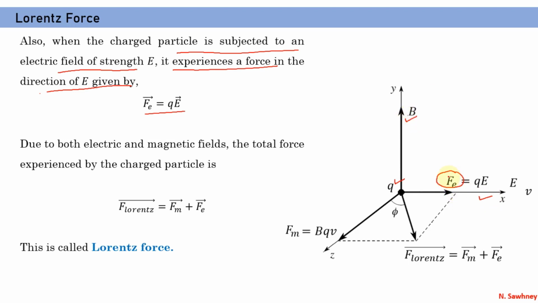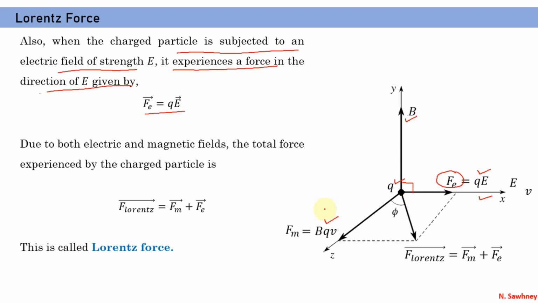Then the force on the charge due to the presence of the electric field is QE, which will be along the same direction as the electric field, and as the charge is moving perpendicular to the magnetic field, the force experienced due to the magnetic field will be maximum, as we have just studied. This maximum force value is BQV sin theta, and theta here is 90 degrees. So, it will be BQV.